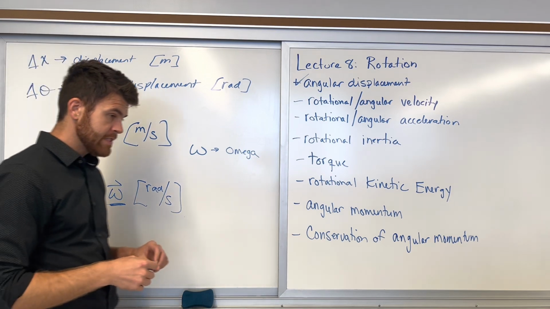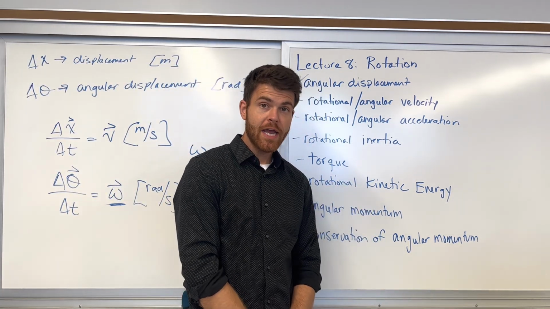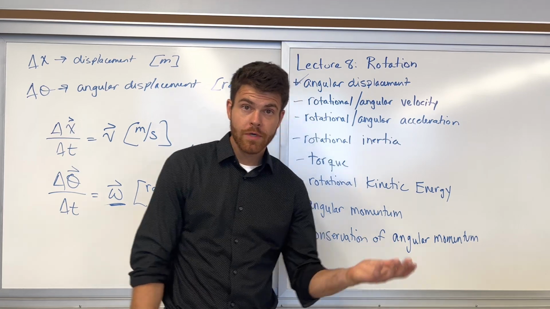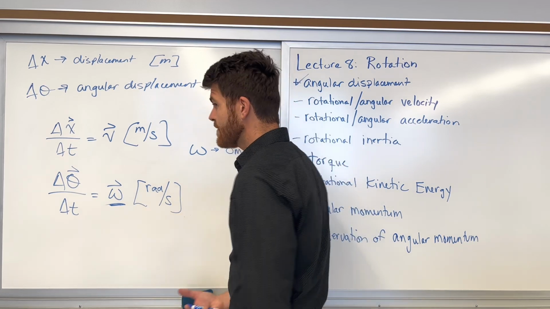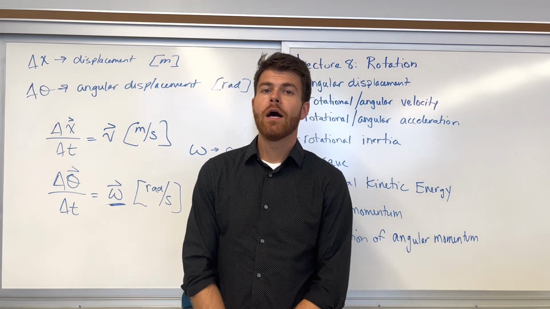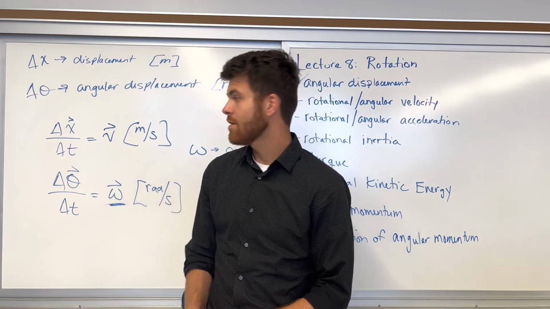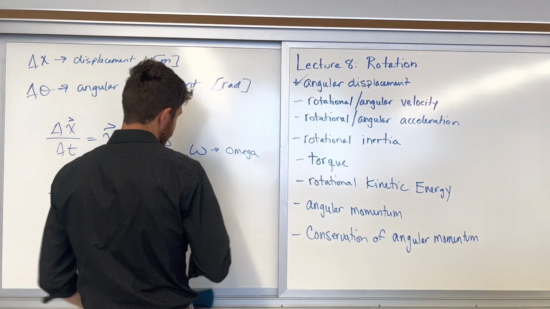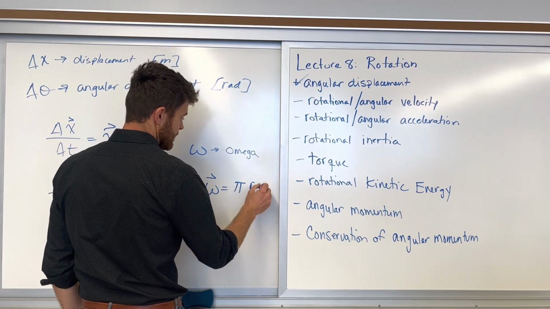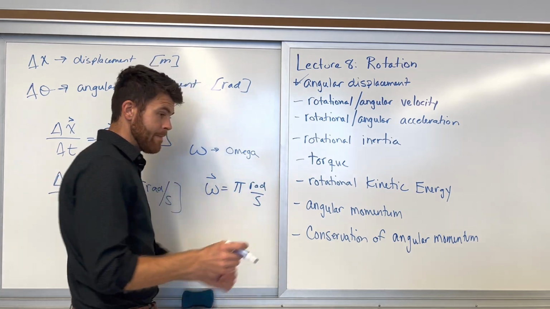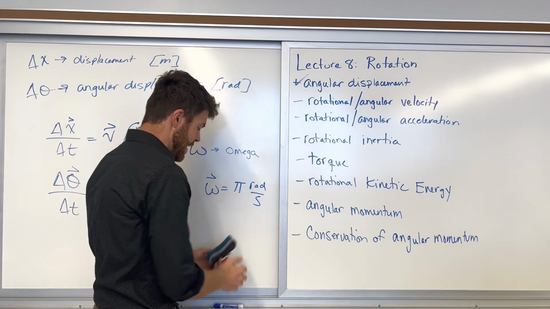So if an object is rotating with an angular velocity of, say, 2 pi radians per second, what does that mean? Well, it means it undergoes an angular displacement of 2 pi radians every second, and so it takes 1 second to make one full revolution. If it has an angular velocity of, say, pi radians per second, then it's rotating pi radians every second.